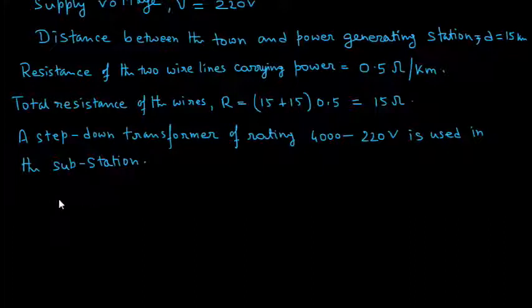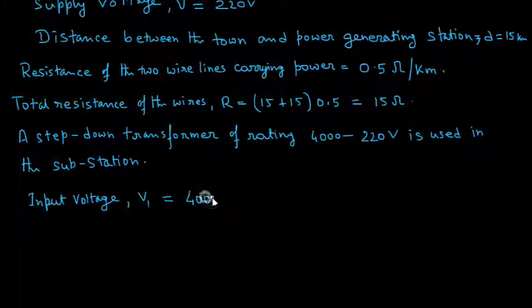So input voltage V1 is equal to 4000 volt. Output voltage V2 is equal to 220 volt.